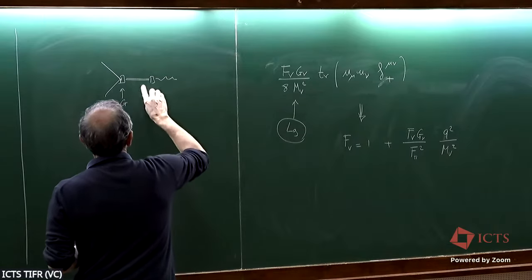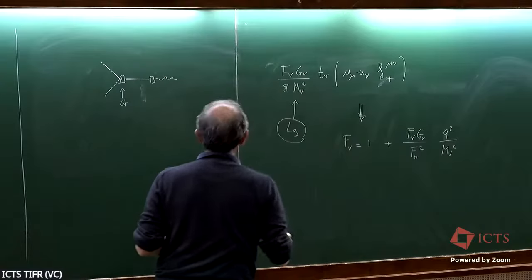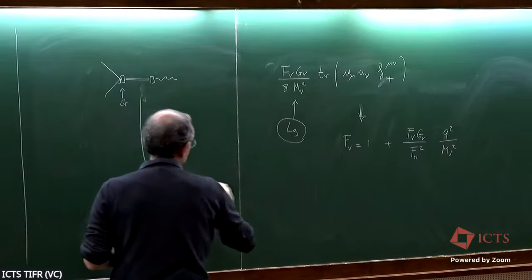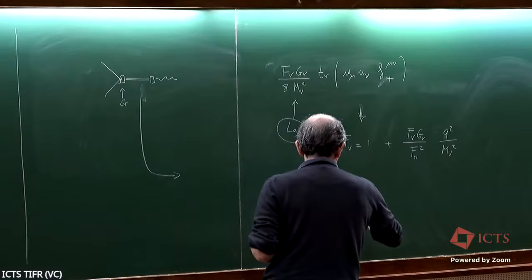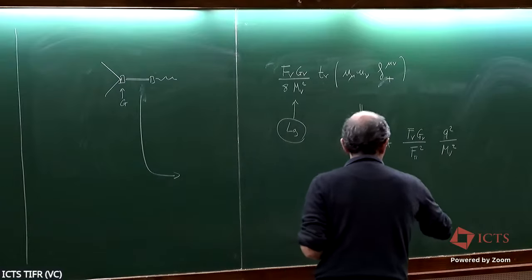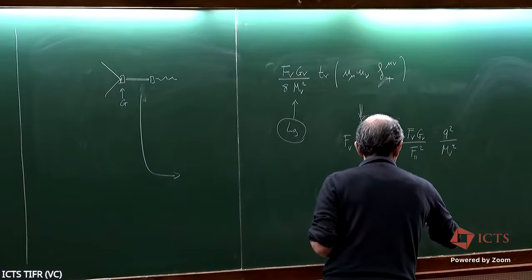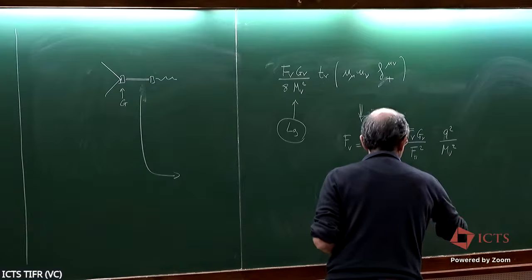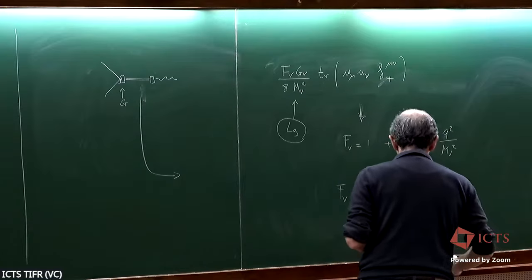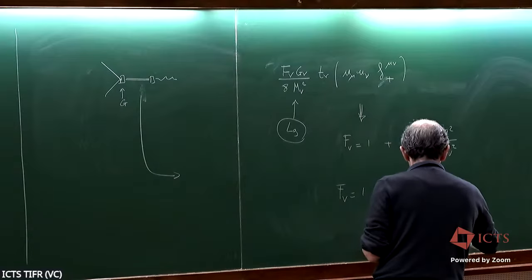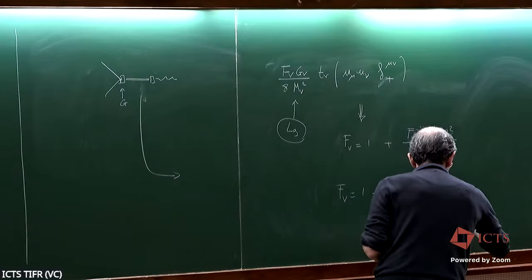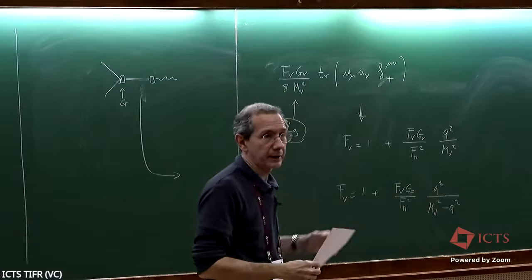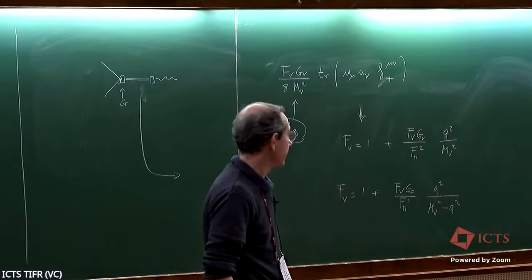When I shrink this to a delta function, I get this. But if I take the full propagator, not surprisingly, I get something like this. I get the full propagator of my resonance.